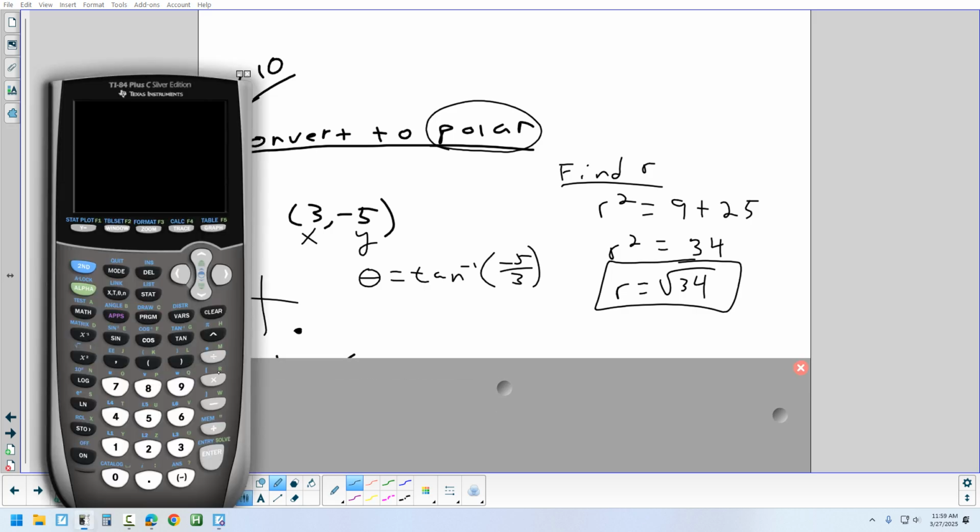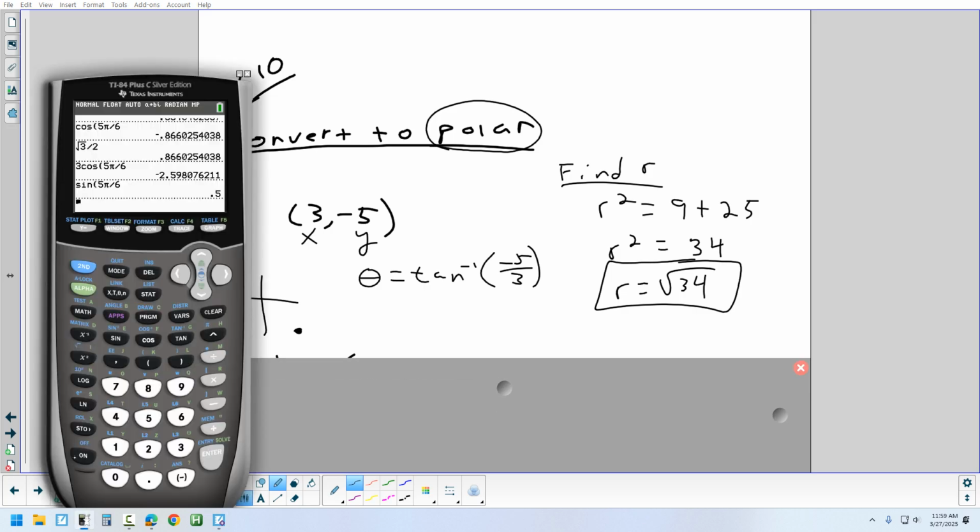Okay, so now we just type it in. It's not going to be a nice answer, so I would have done it in degrees. We can still change it, we haven't hit enter yet. So that's an angle of -59.04.